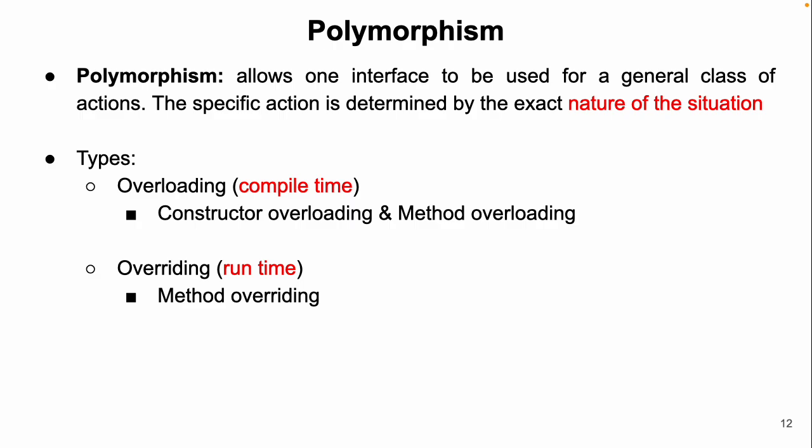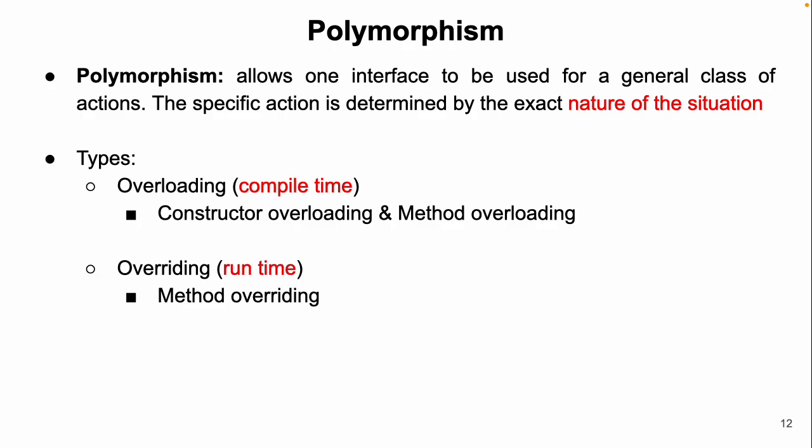Suppose you are supplying two strings. What will it do? It will do concatenation. In the case of integers, it will perform addition. In the case of strings, it will perform concatenation. So this is a simple example for the term polymorphism.